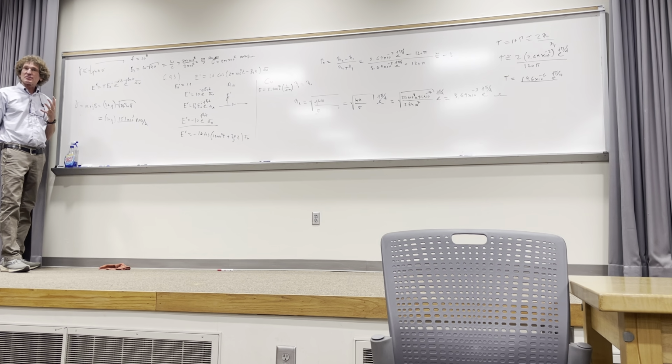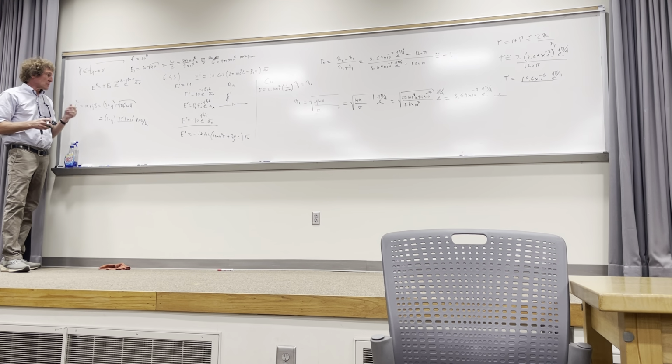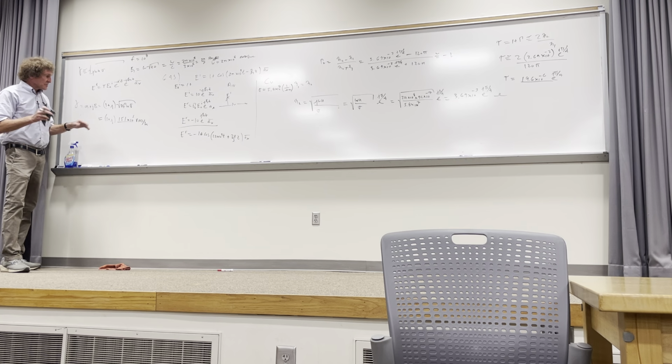It's 5 or 6 orders of magnitude larger. Do you follow me on that, class? Much, much bigger. It means that the wavelength itself is extremely small in the actual copper. All right, I'm just pointing this out.